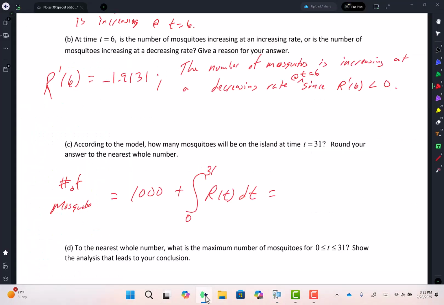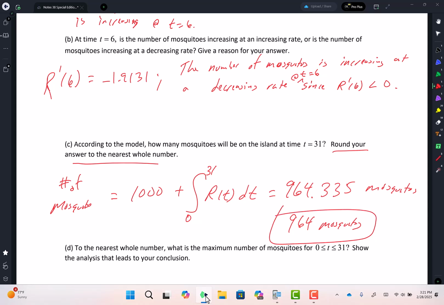Did yours take a long time? No? It took a long time? Mosquitoes. Okay, they did say to what? So 964 mosquitoes. If you leave it 964.335, you're going to miss the answer point, probably.